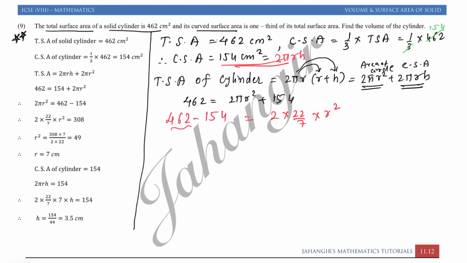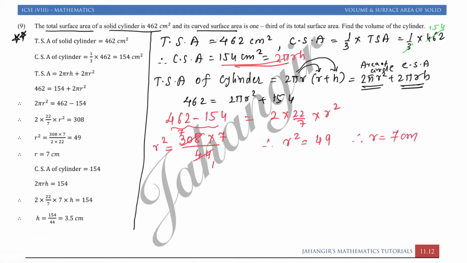So subtracting, you will get 308. You can cross multiply, 7 upon 44 is equal to r square. So r square is 49. Therefore r is equal to 7 centimeter.